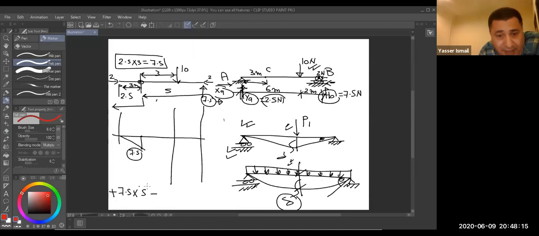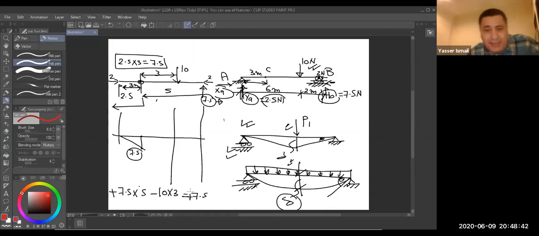It should be 100% equal to 7.5 positive. So 7.5 multiplied by 5 is 37.5, minus 30, equals 7.5.